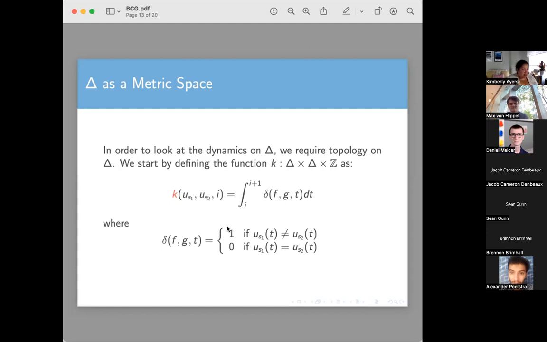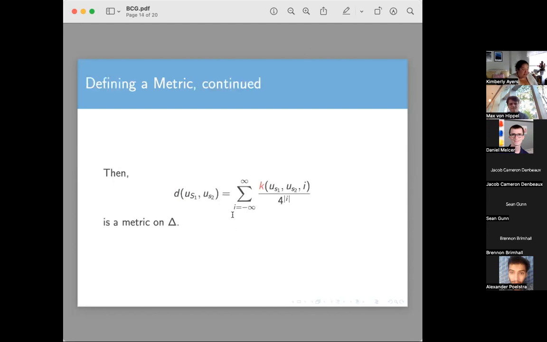So that's what I'm doing down here. Once I've done that, I'm going to add up all of the lengths on which they agree and disagree, but I'm going to weight it because I need this to converge. I have an infinite series. I'm going to weight it by 4 to the absolute value of i, which guarantees convergence.